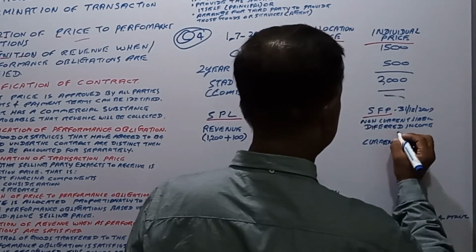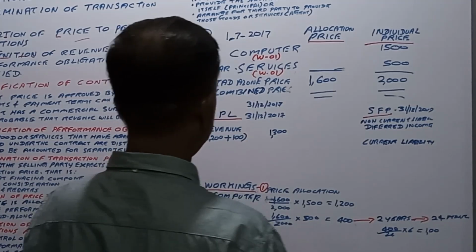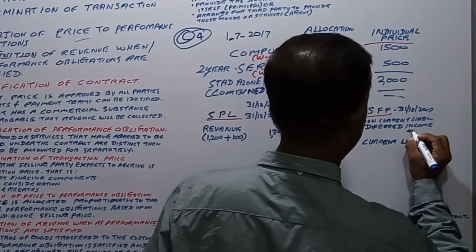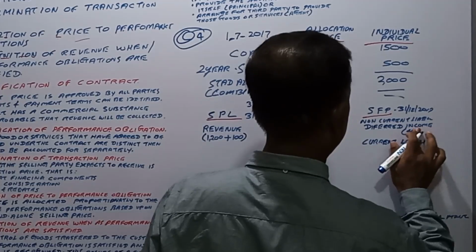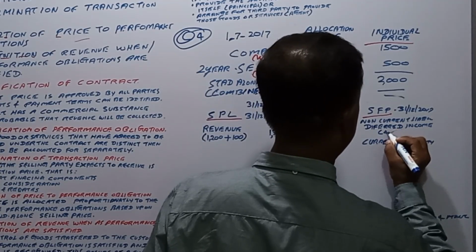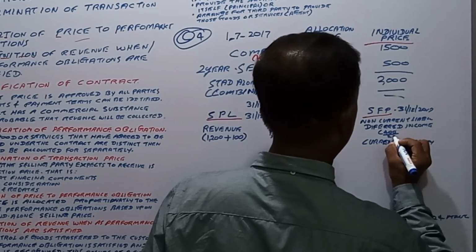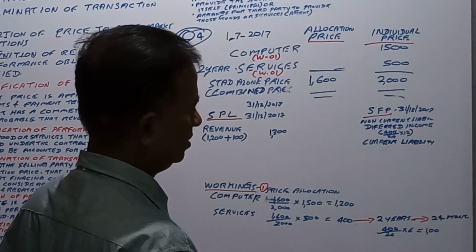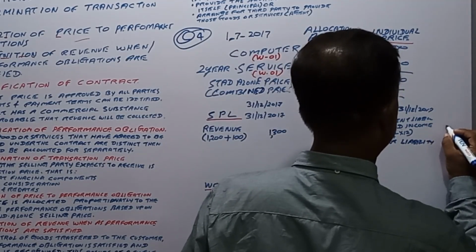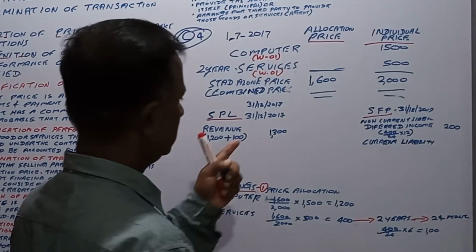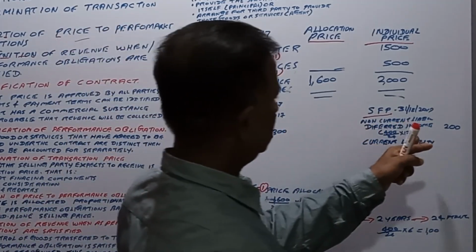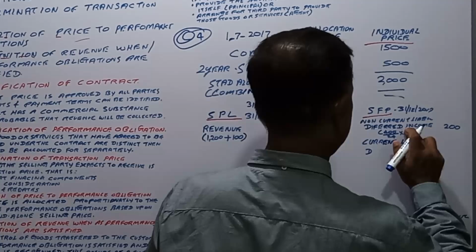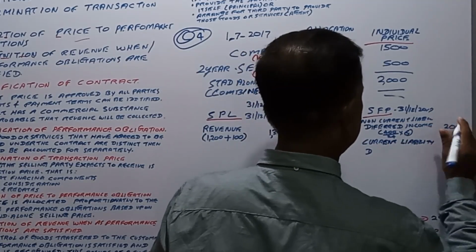That is 400 divided by 24 months into 12 months, which is 200. 6 months we have recognized here, another 12 is deferred income current, and non-current is 6 months, that is 100.